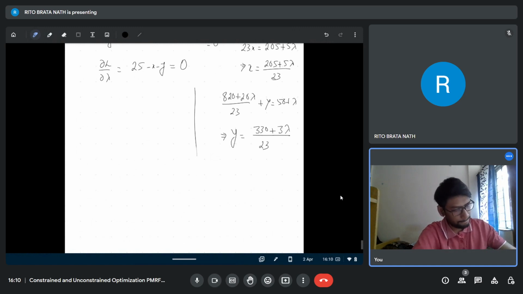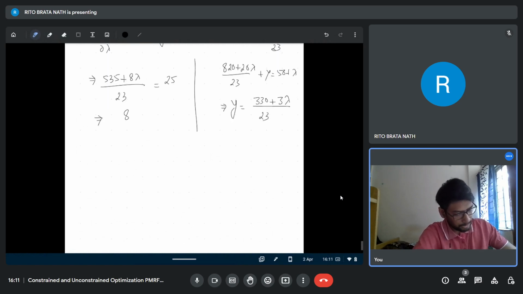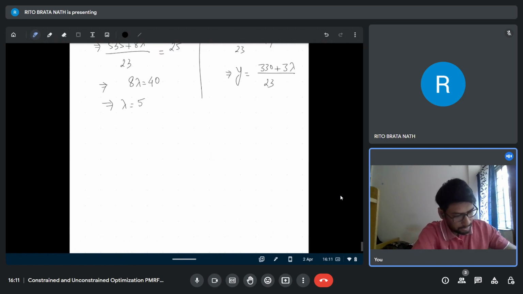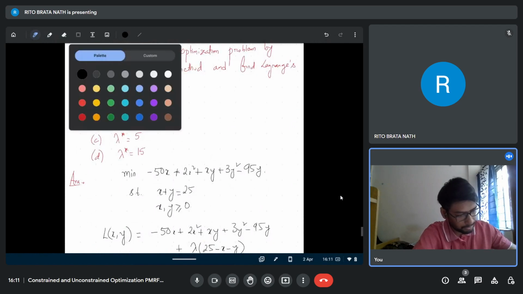Okay, so x plus y gives you 555. Sorry, not 555, it's 535. So (535 plus 8 lambda) by 23 equals 25. So 8 lambda equals 40 and lambda equals 5. So lambda star is 5 as the answer. Yeah, option C is the correct answer.